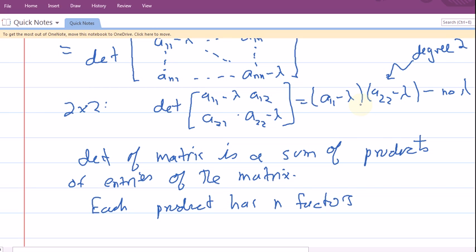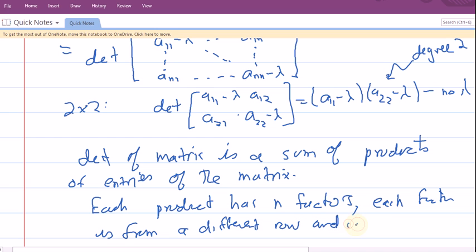And you can see that by doing row or column expansions. But each product in the determinant has n factors, where each factor is from a different row and column of the matrix.